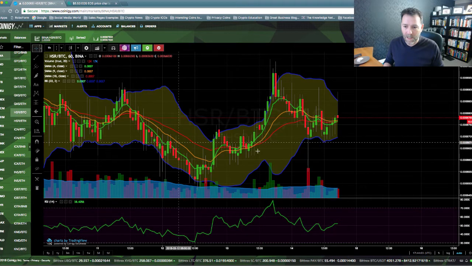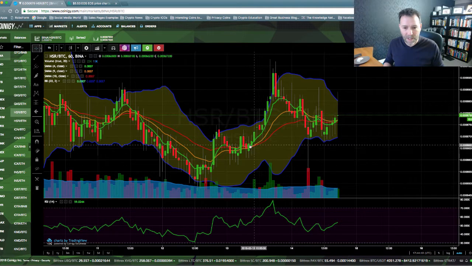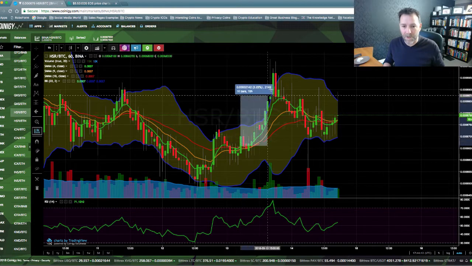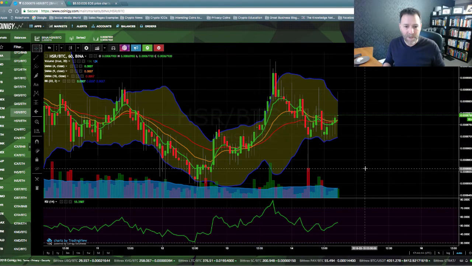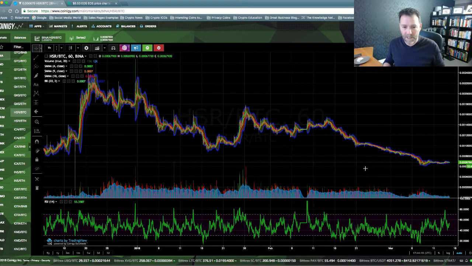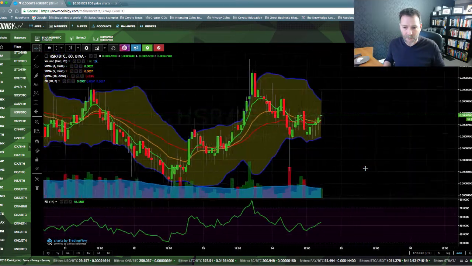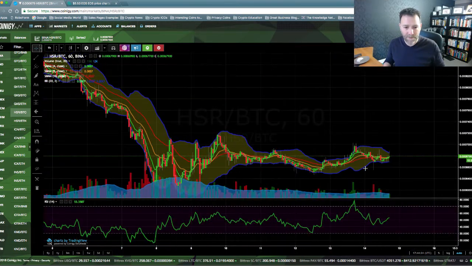HSR. It's starting to cross. It's made a move up already, maybe 5%, not that much. But again, that's coming off a low as well. That might be an indication it's starting to move.